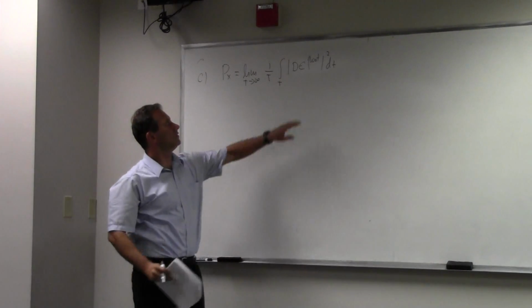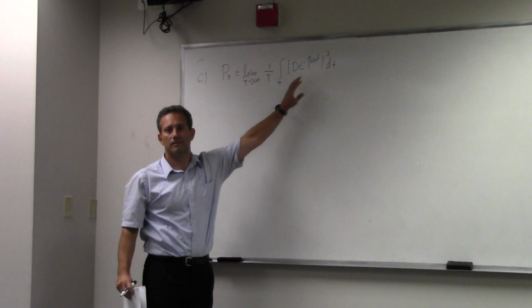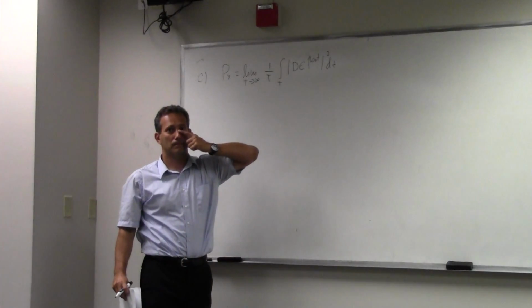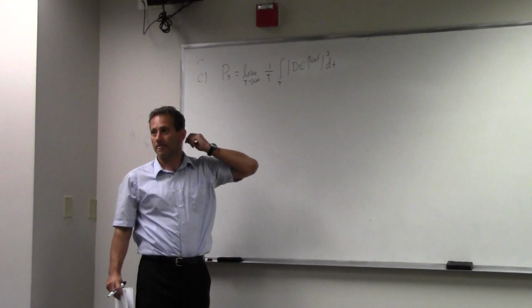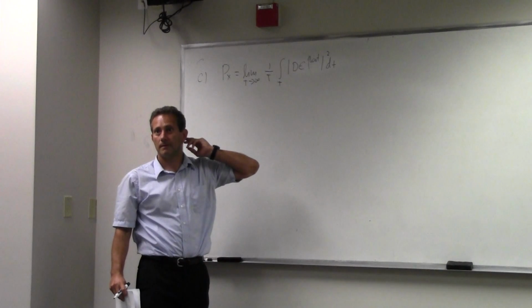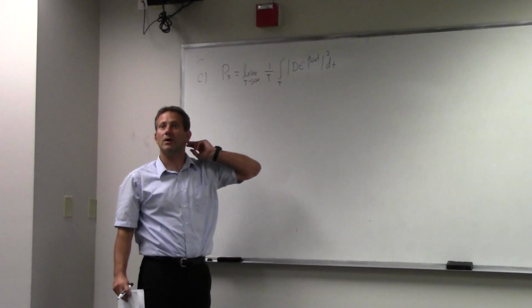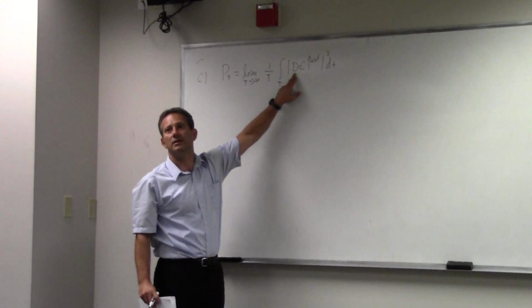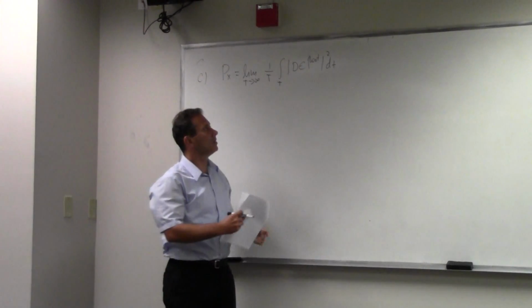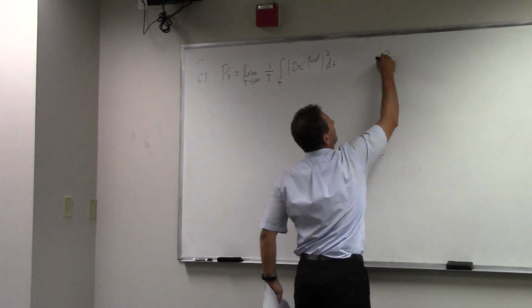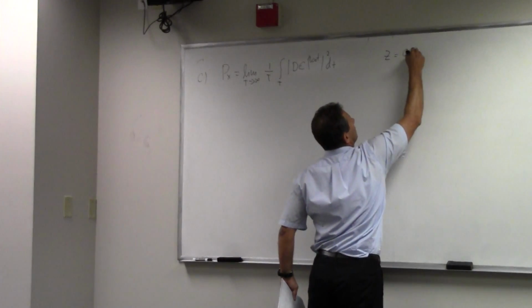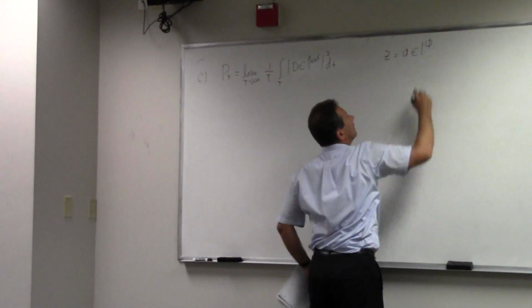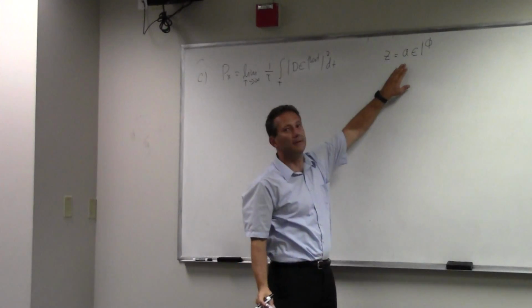Now, what is the magnitude of this? Square root of the square of the real plus the square of the imaginary. Okay, that's one way of doing it, right? But D is outside. If I have a complex number z in the format a e to the j phi, what do we call a?